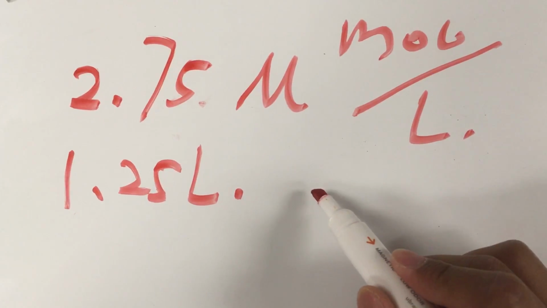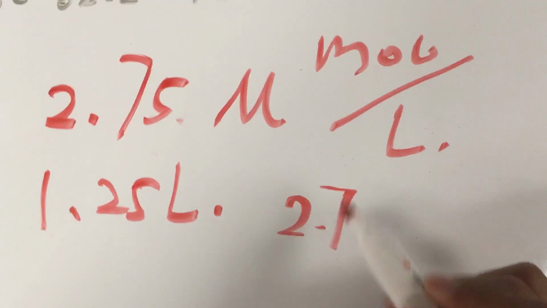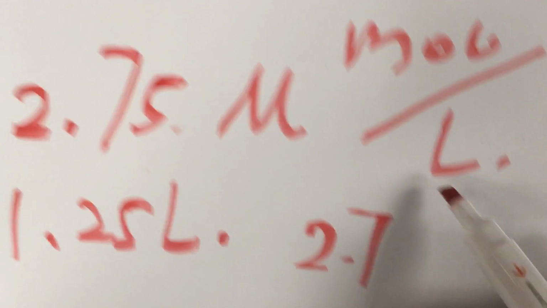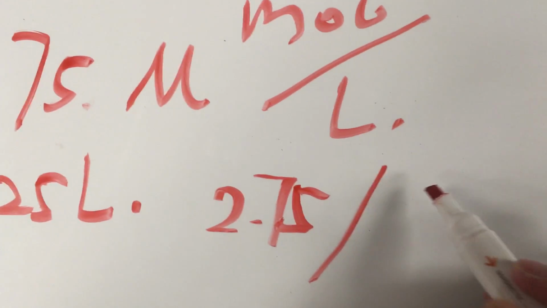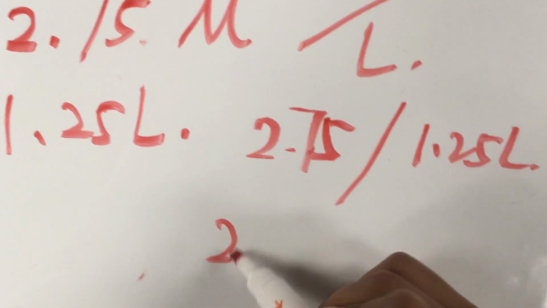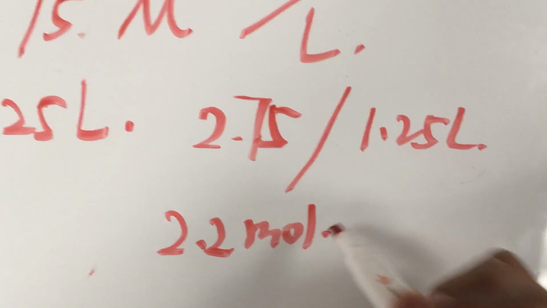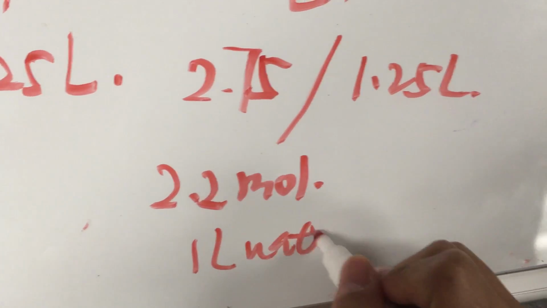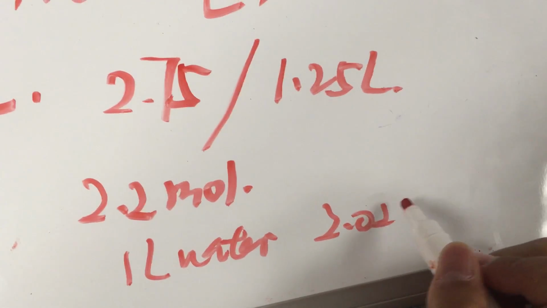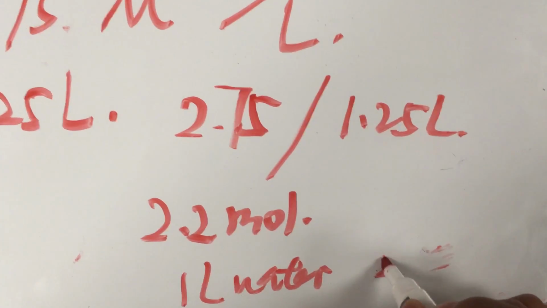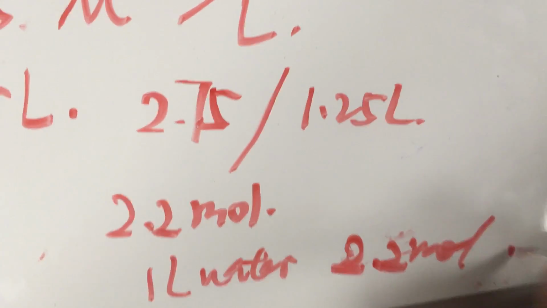It should be 2.75 divided by 1.25 liters, so we can get 2.2 moles per liter. So in 1 liter of water, there are 2.2 moles.